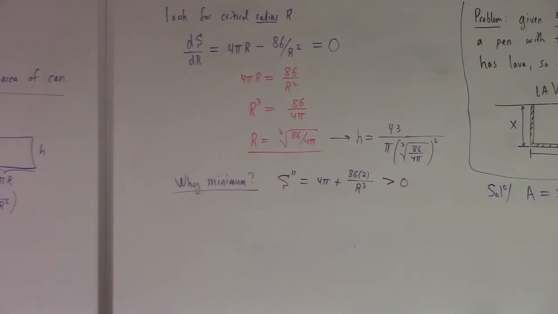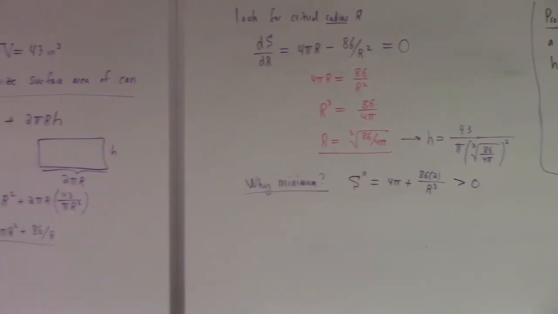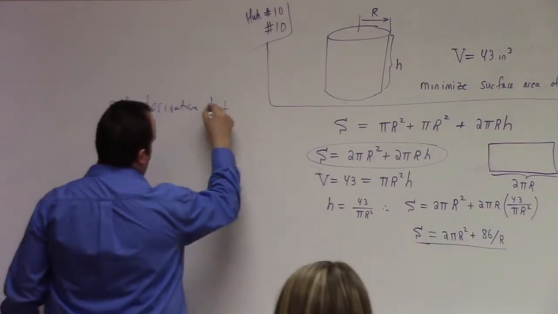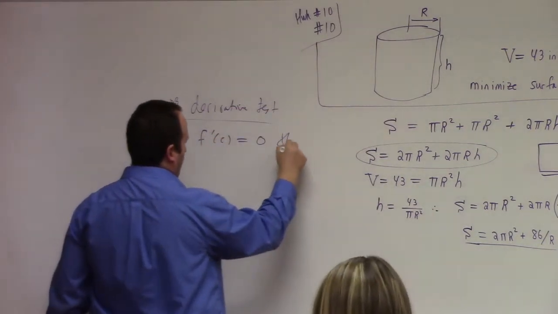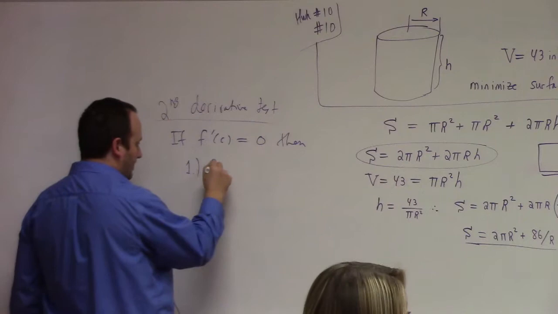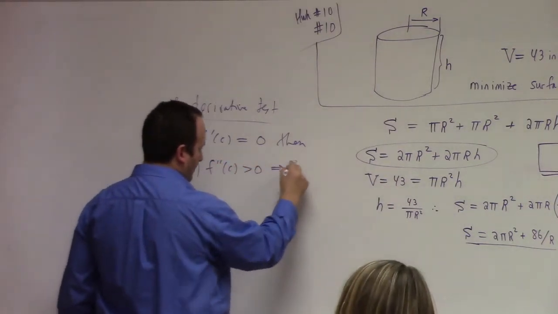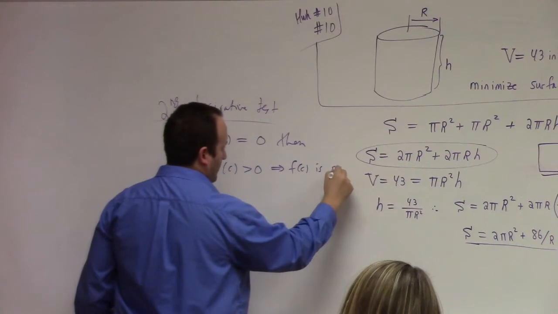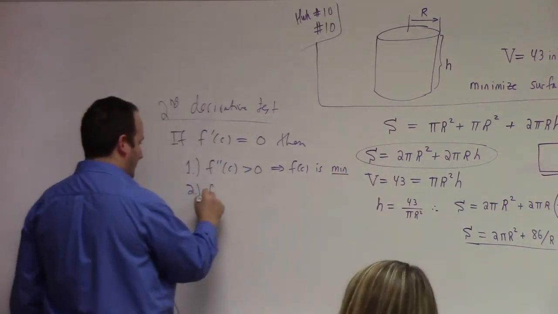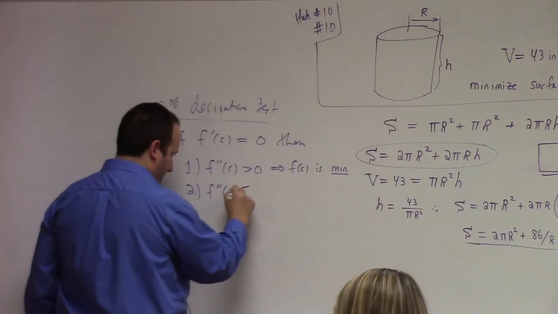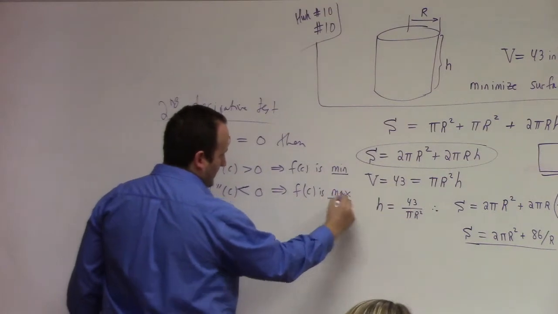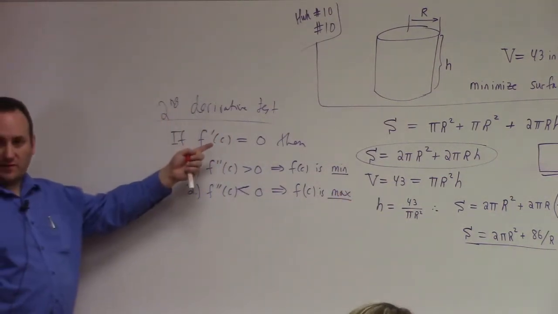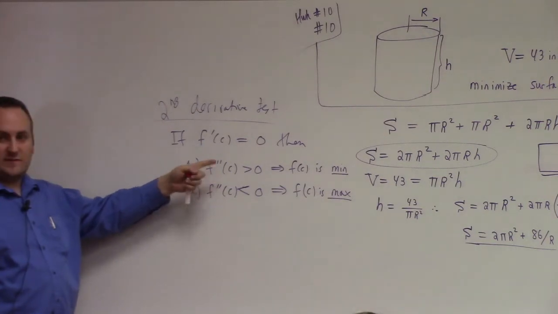Oh, sure. So, the second derivative test. If you have a point where the derivative is 0, and the second derivative is positive, it's a minimum.